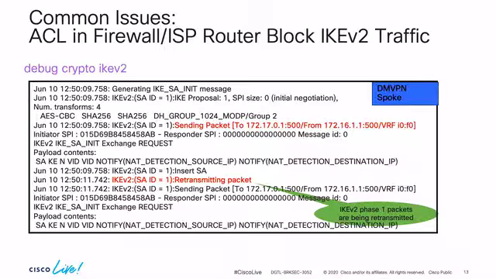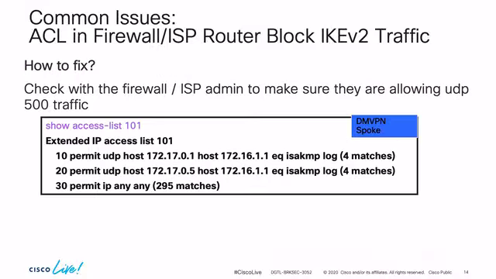So how do we fix this? If you want to confirm that your ISP has fixed this issue by allowing UDP 500 traffic, you can configure an inbound ACL on the egress interface.